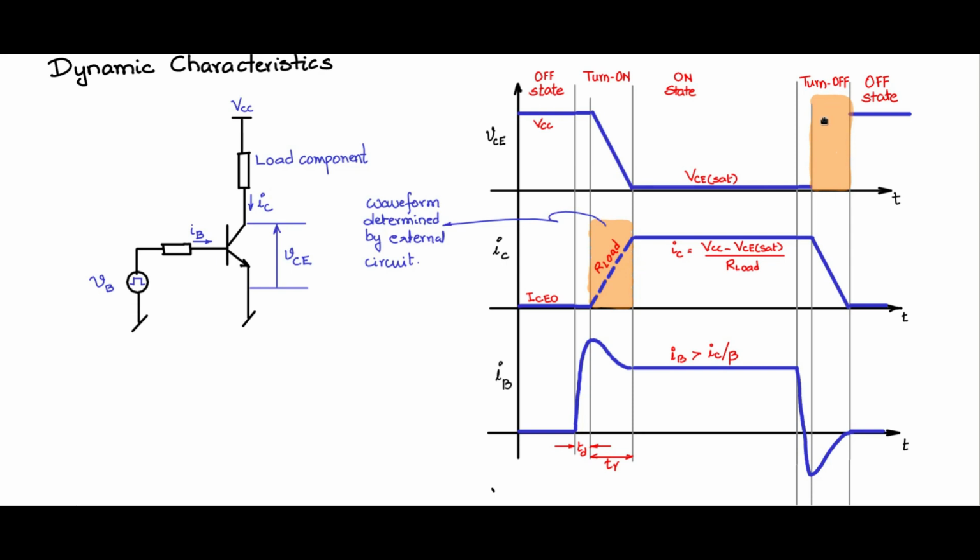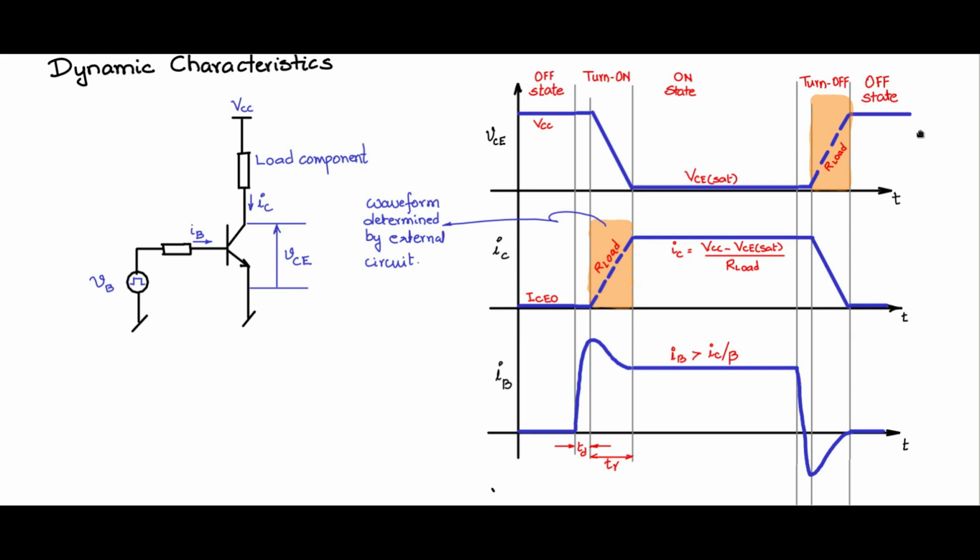Again, we will see this when we are discussing converters, how this comes about and how it can be taken care of by appropriate snubber circuits. But for now, if you consider this as a resistive load, the voltage waveform will transit in this fashion. So this profile is only for a resistive load.